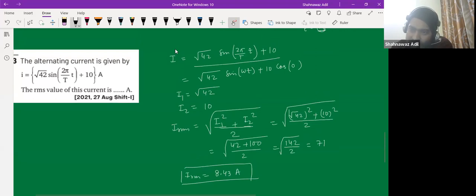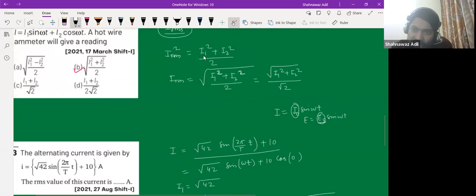Yes, clear. So first we calculated the peak currents. In this one, the peak current is 42. In this one, the peak current is 10. As we know, the RMS value is the root of this thing.